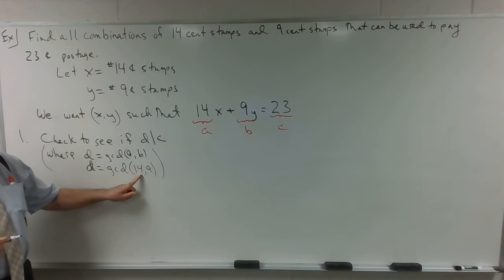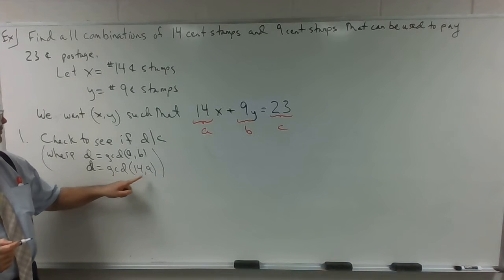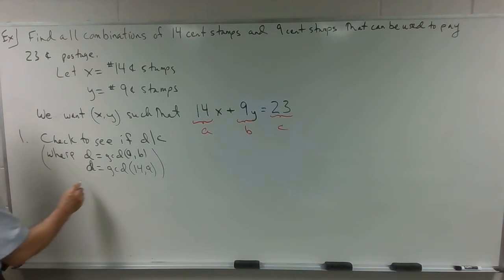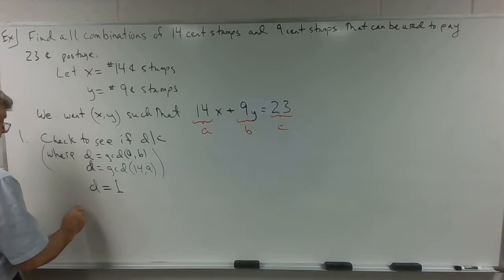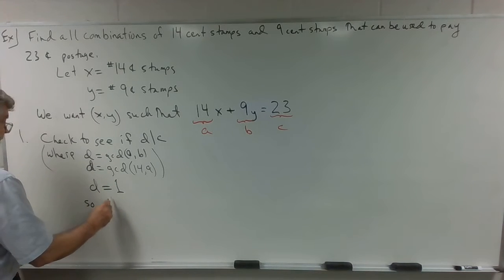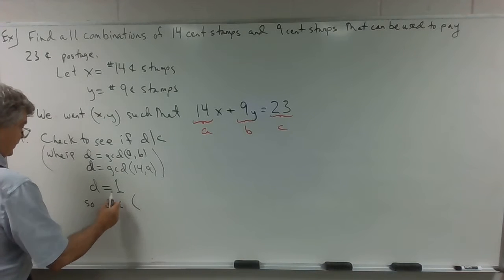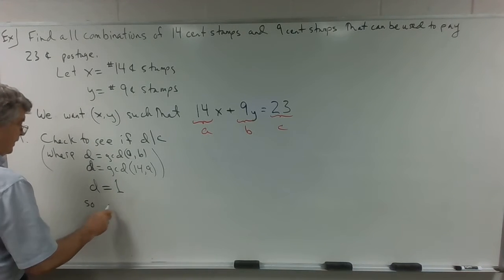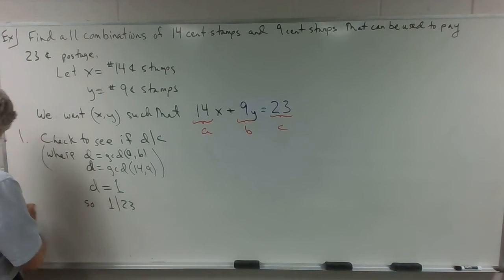Well, 14 is 2 times 7, and 9 is 3 times 3. These two things have no factors in common. d equals 1. So d definitely divides c, or I'll say 1 definitely divides 23.